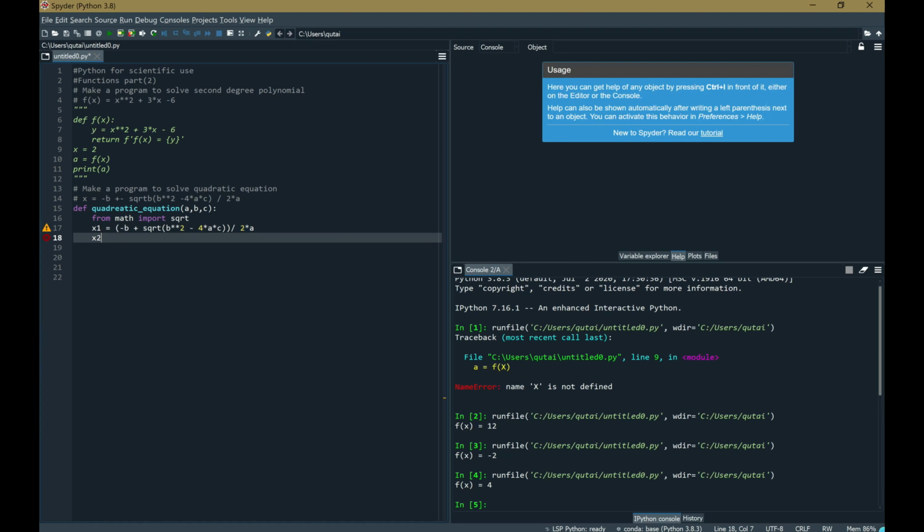And x2 is equal to minus b minus sqrt of b power 2 minus 4 multiplied by a multiplied by c, divided by 2 multiplied by a here, and we have return x1, x2.